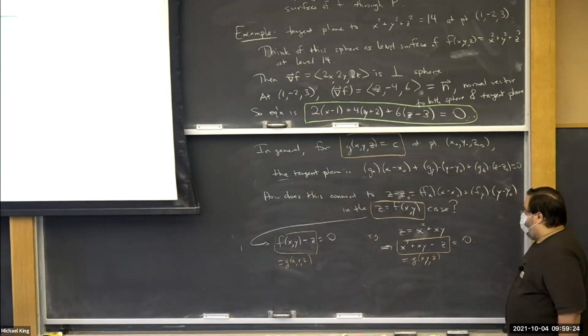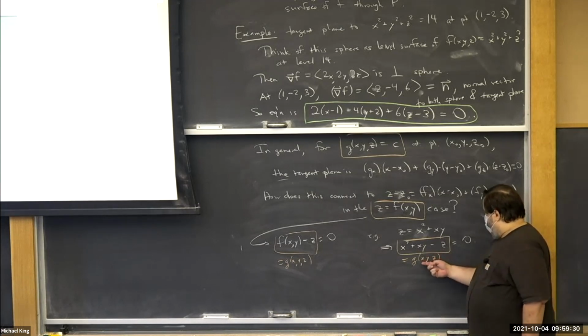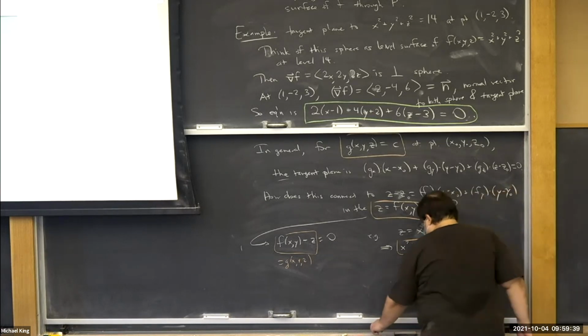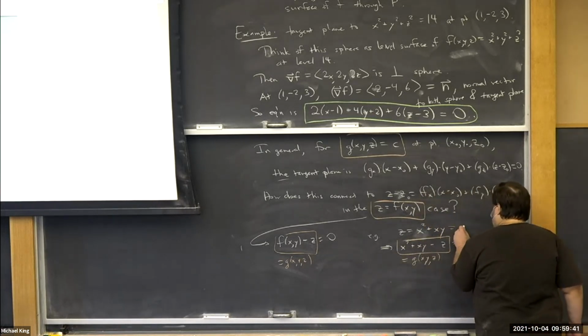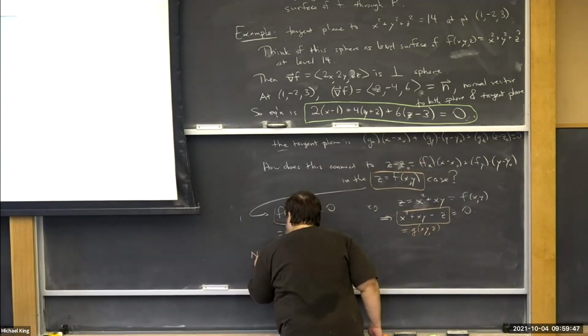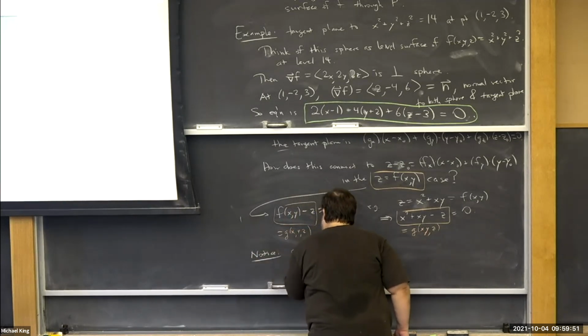So what is G sub x? What would G sub x be here? 2x plus y. Remember, that was f sub x when we consider this as a function of 2 variables. Notice G sub x equals f sub x.